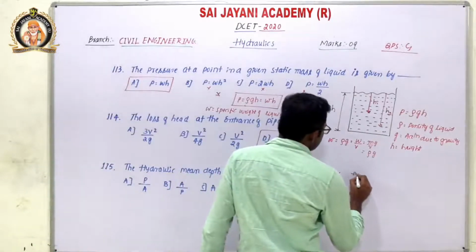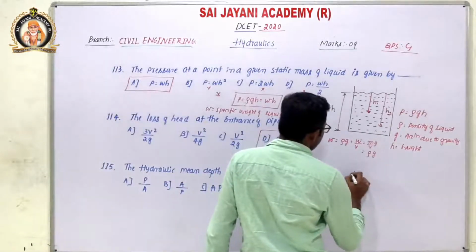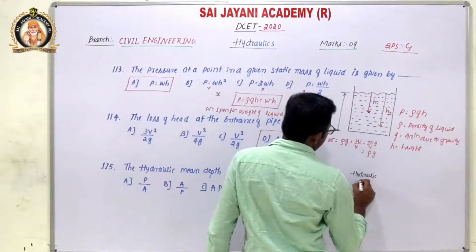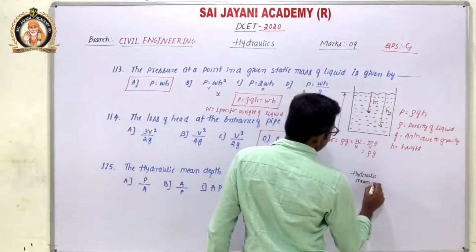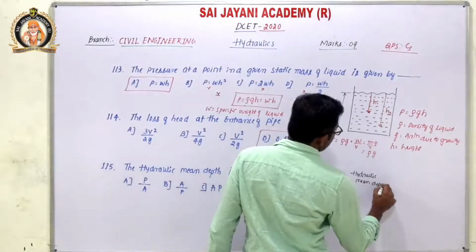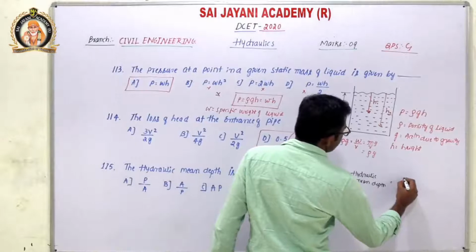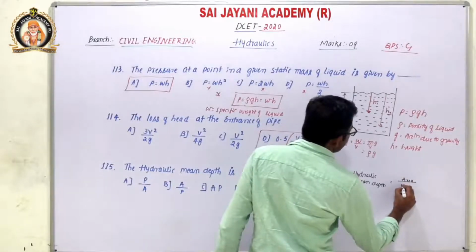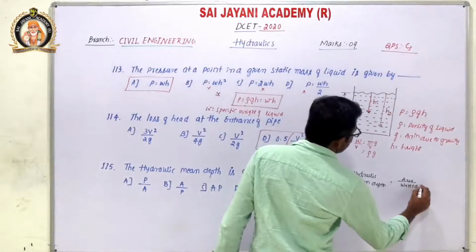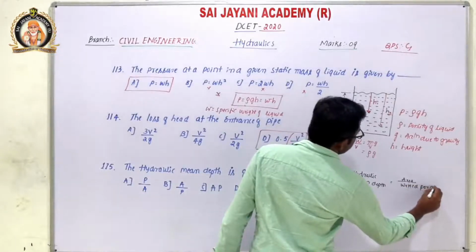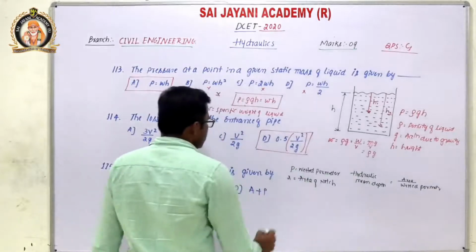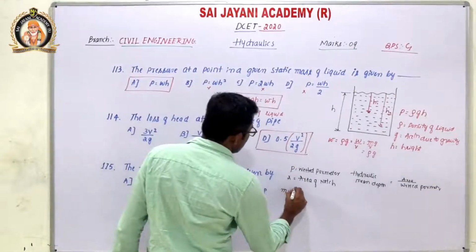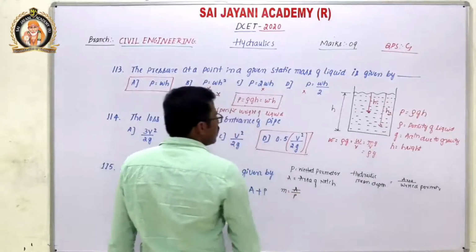Hydraulic mean depth is the ratio of area to the wetted perimeter, that is A by P. Hydraulic mean depth m is equal to A by P.